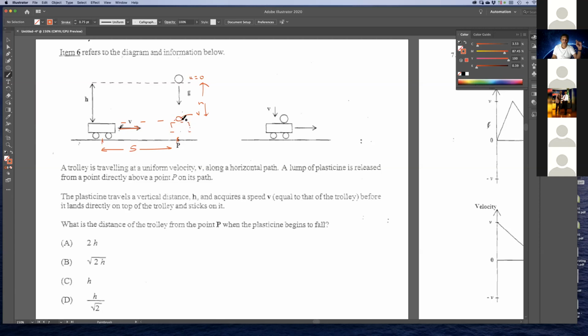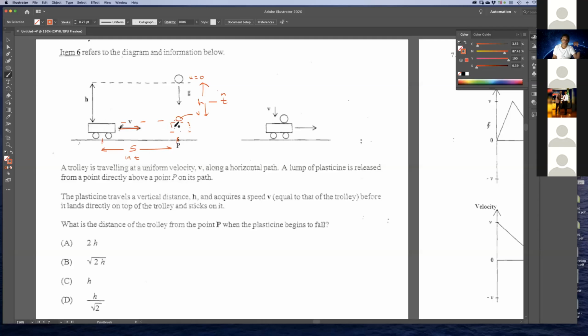that plasticine strikes it with a velocity v. So the plasticine falls through a height h, importantly, in time t. And at the same time, the trolley moves a distance s in time t. They're doing this motion in the same amount of time.